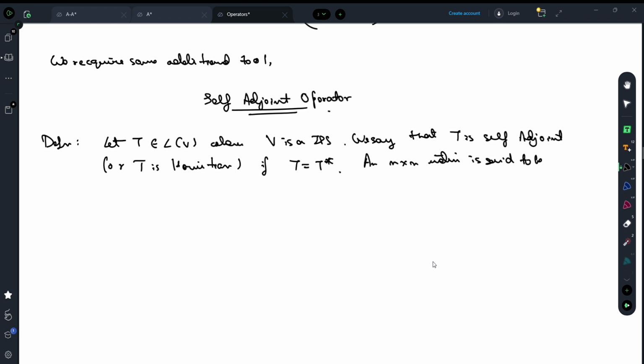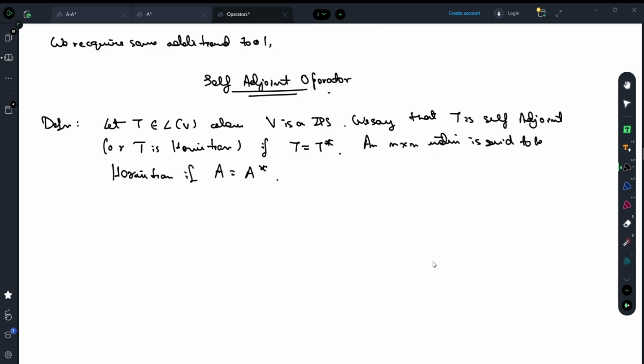An n cross n matrix is said to be Hermitian, and here we stick to the term Hermitian, if it equals its conjugate transpose.